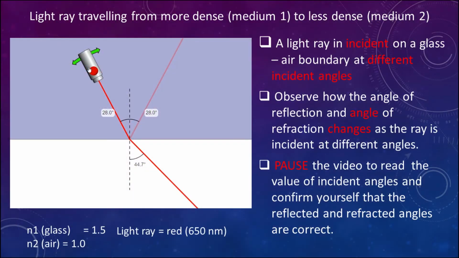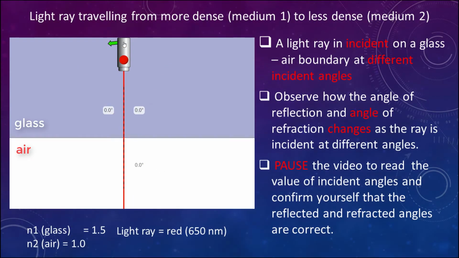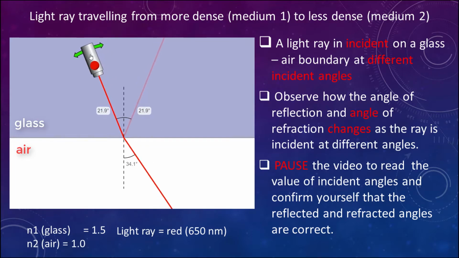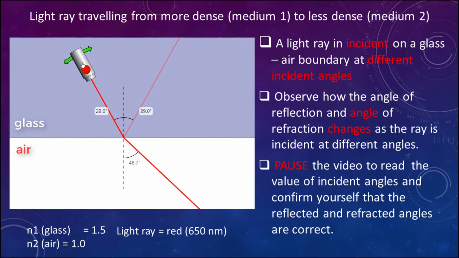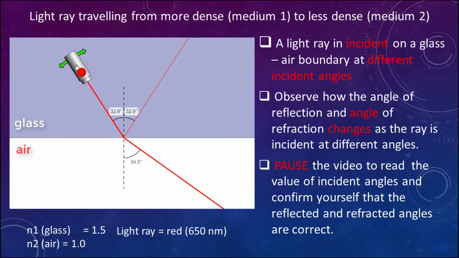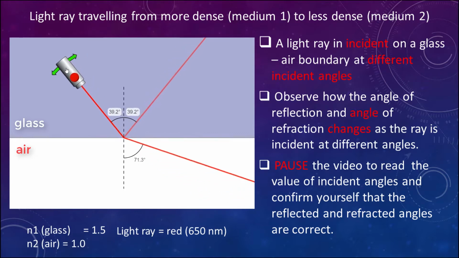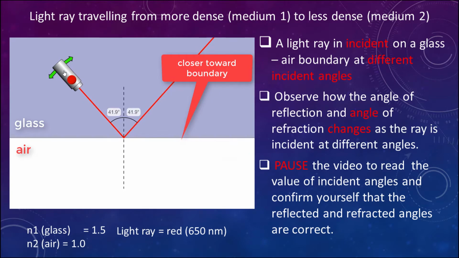The light ray begins from a denser medium and propagates toward a less dense medium. The light ray refracts or bends, but now the bending is away from the normal line. As the incident angle is increased, the light ray bends more and more away from the normal line, and the light ray refracts closer and closer along the boundary between the two mediums.